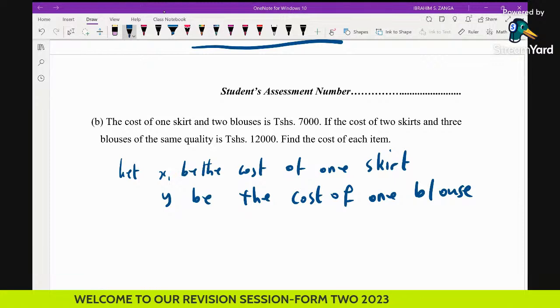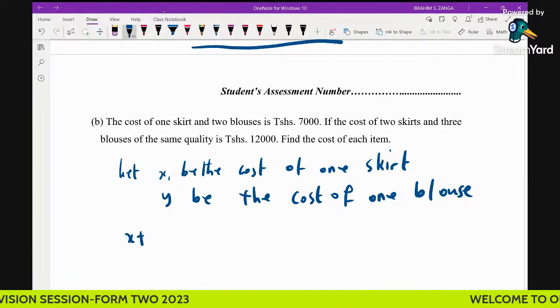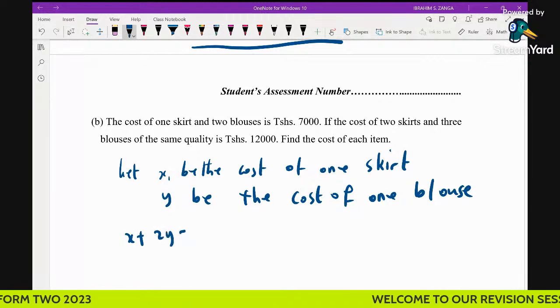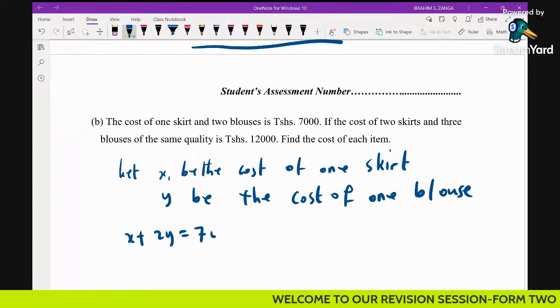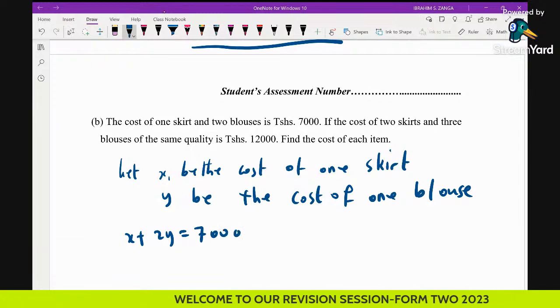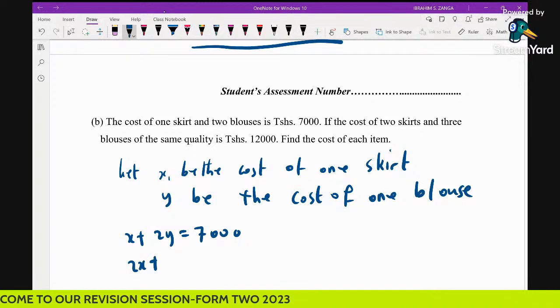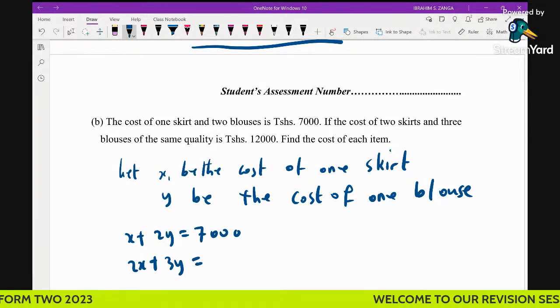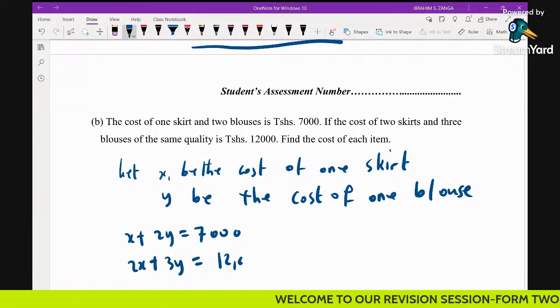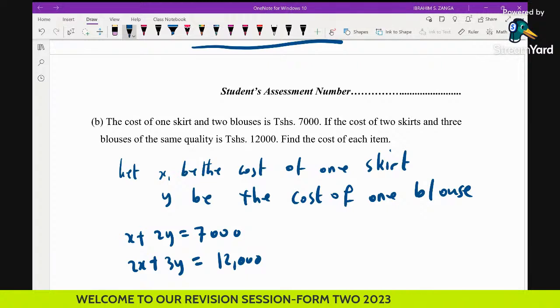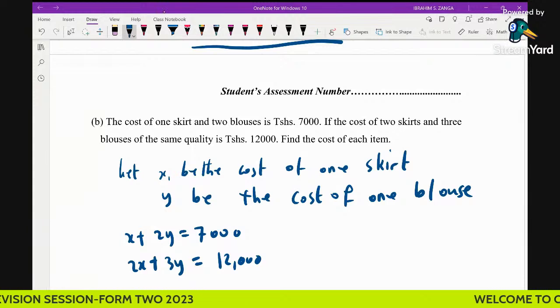So the cost of one skirt and two blouses means x plus 2y equals 7,000. The cost of two skirts, 2x, and three blouses, 3y, equals 12,000. We are supposed to find the cost of each item.